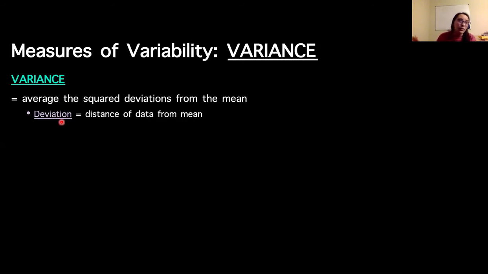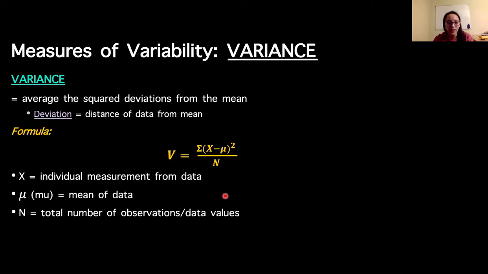They're acting away from the average. Okay. So deviation just is indicating some distance from the mean, which is our measure of central tendency in this case. Okay. So you don't need to know this formula.